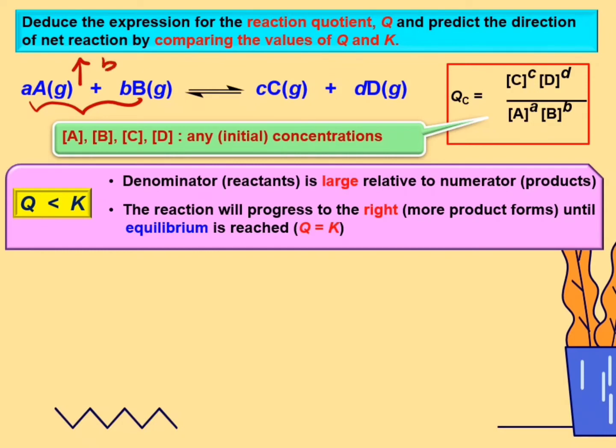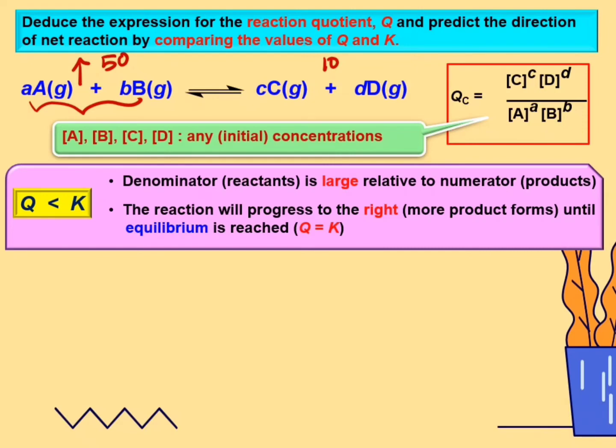Contoh saya letak macam kita main duit lah. Okay, so concentration product dekat sini saya letak 10. Okay, contoh. Sekarang ni produk kita kurang. Okay, reaction kita banyak.